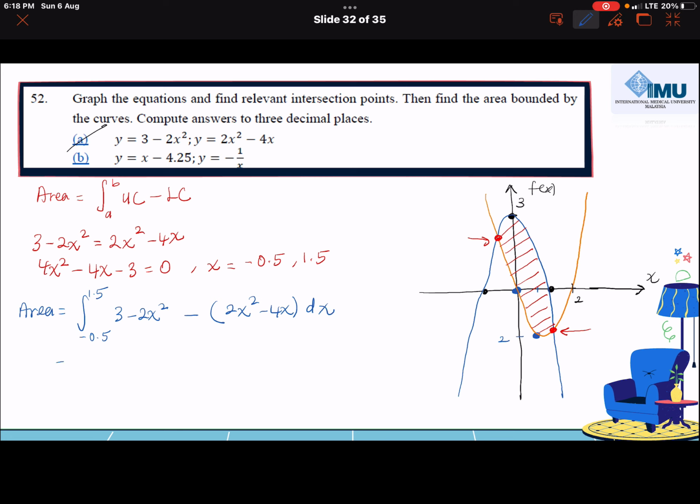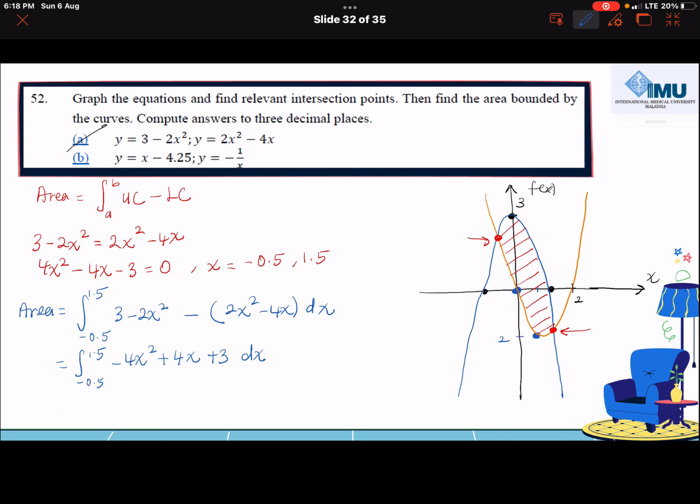Correct. Now simplify the following expression before you integrate. Now you will obtain, start with x squared first, negative 2x squared minus 2x squared becomes negative 4x squared. Now next one, minus minus 4x becomes positive 4x, and the constant is left with only plus 3.